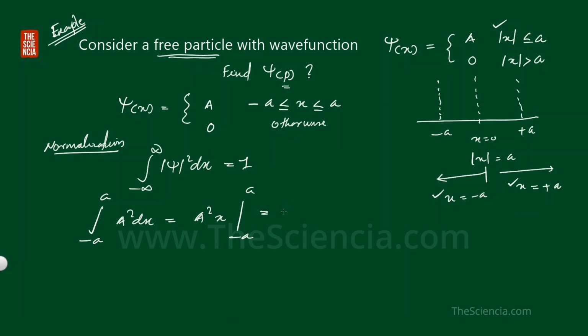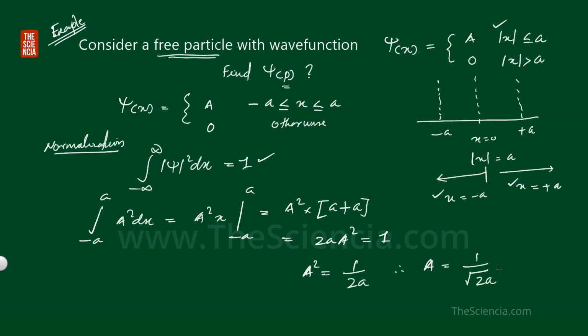We get a square into upper limit a minus lower limit minus a, that is plus a. So we got 2a into a square equal to 1. Therefore a square is equal to 1 by 2a, and therefore a is equal to 1 by root 2a.